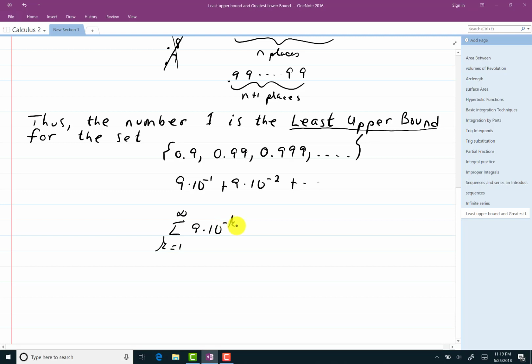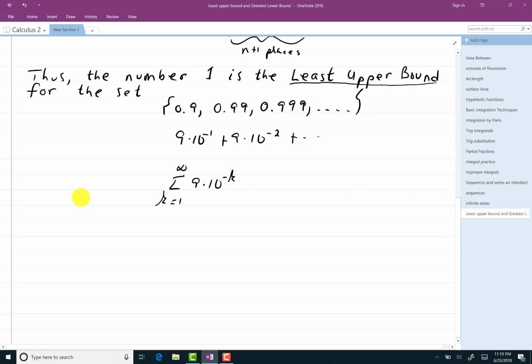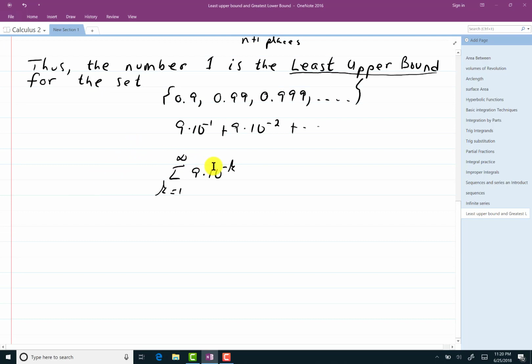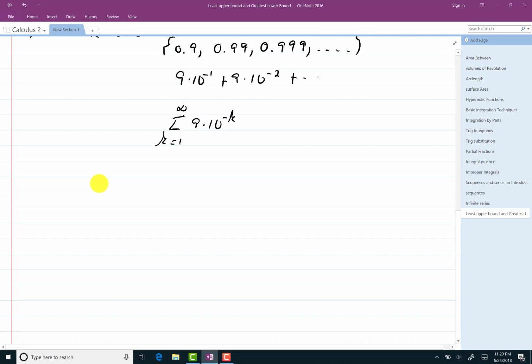And I showed that that was equal to 1. But you also kind of have to arrive at it because 1, while it's not in this particular set, there's no number smaller than this that could be a lower upper bound. And it just so happens that 1 is the limit of these numbers, which will happen quite often.